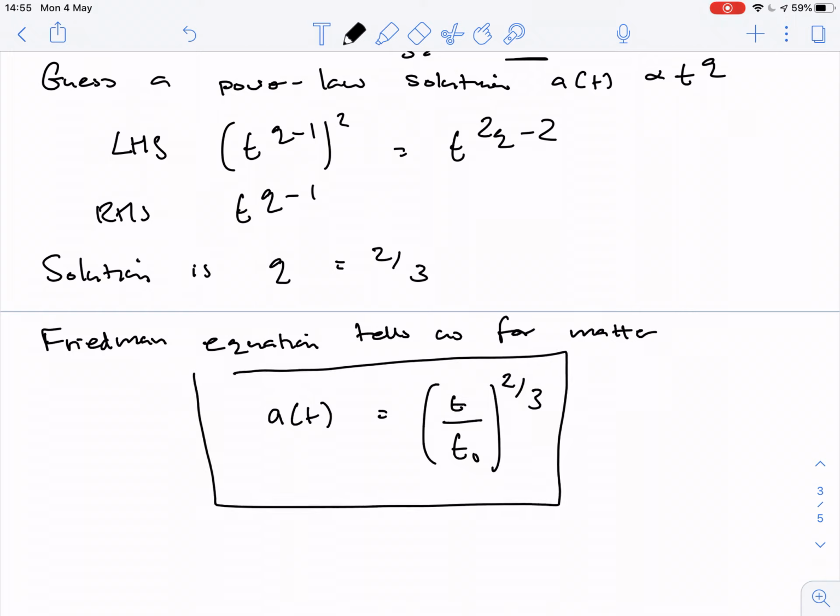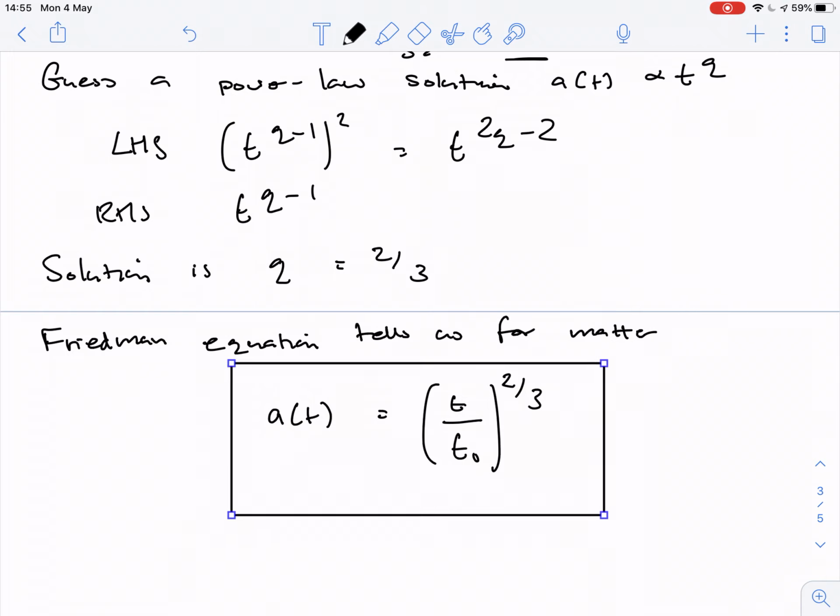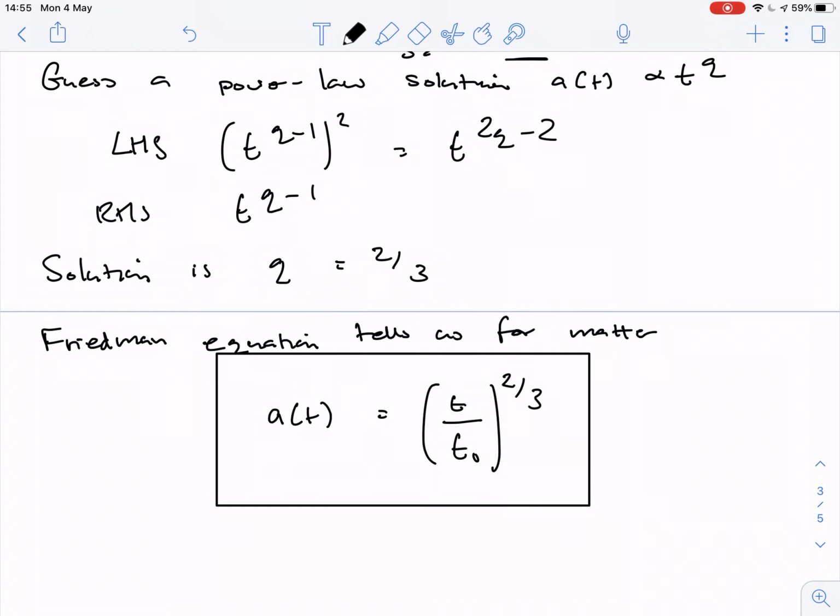And that's not some sort of hand-wavy argument that a universe that's flat and matter-dominated will expand but slow down. This is now a quantitative statement of how a universe which contains matter and only matter is going to evolve in time.